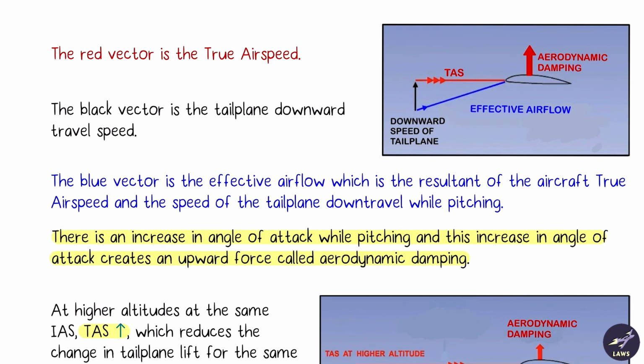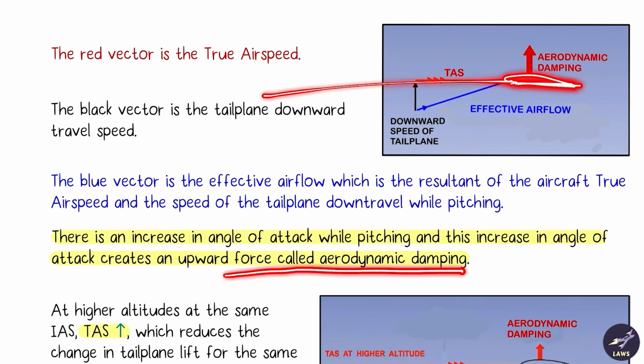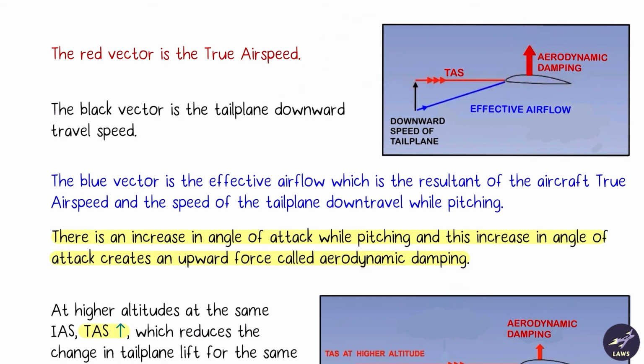This is the effective airflow chord line. This creates an increase in the angle of attack and creates an upward force called aerodynamic damping. This is at the tailplane. This is your center of gravity. This will help in your stabilizing effect, to pitch the aircraft down.